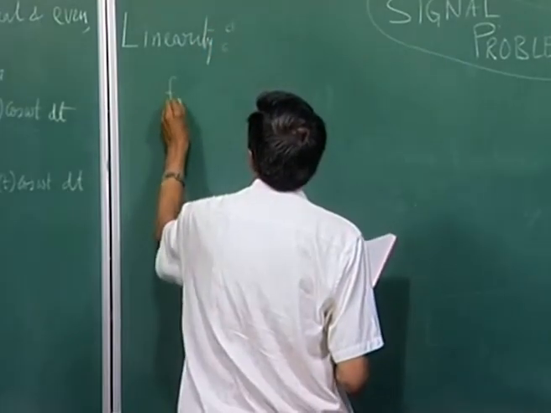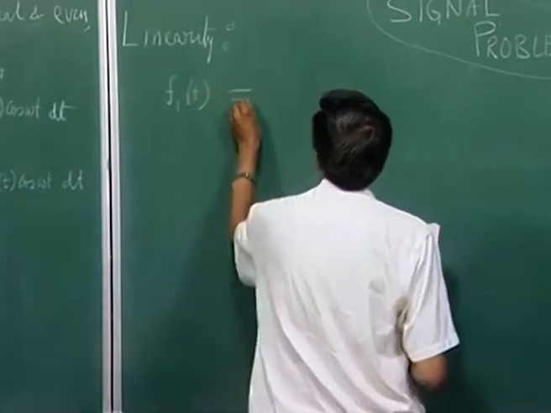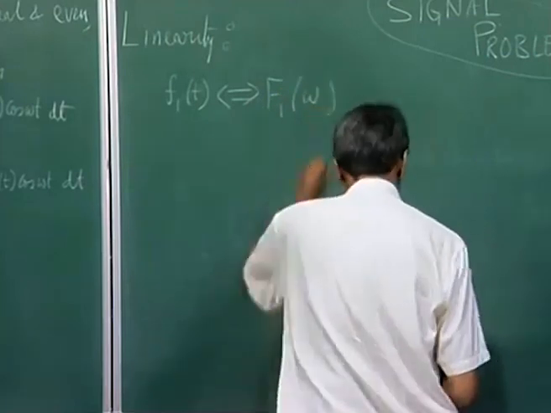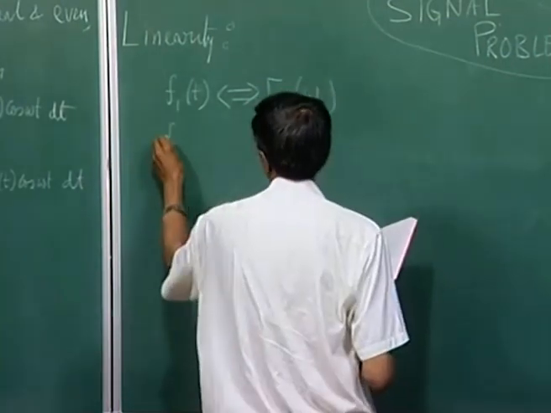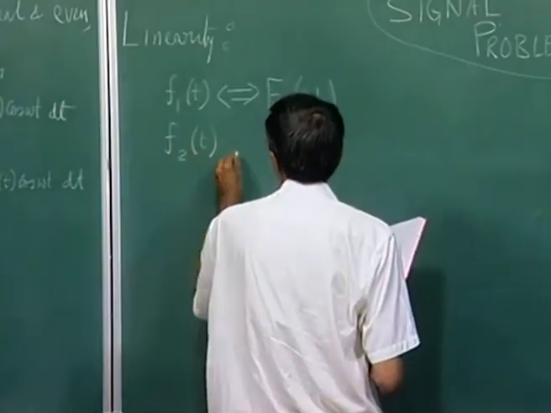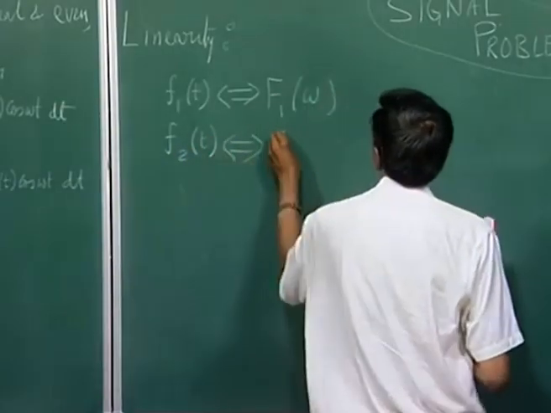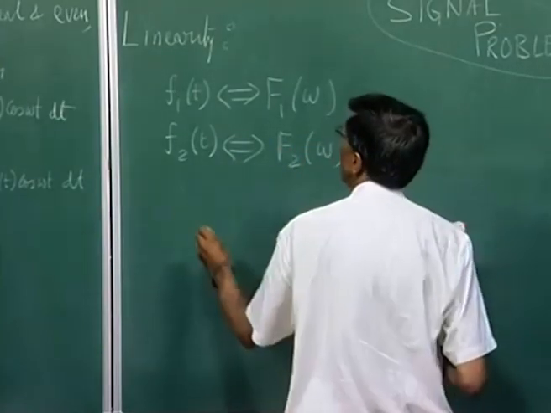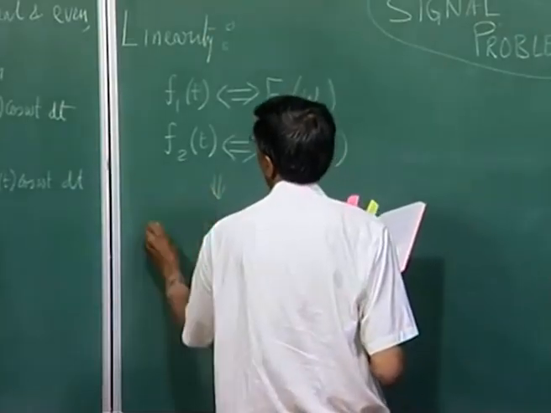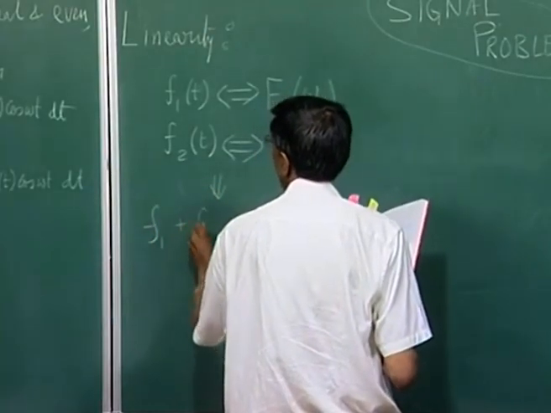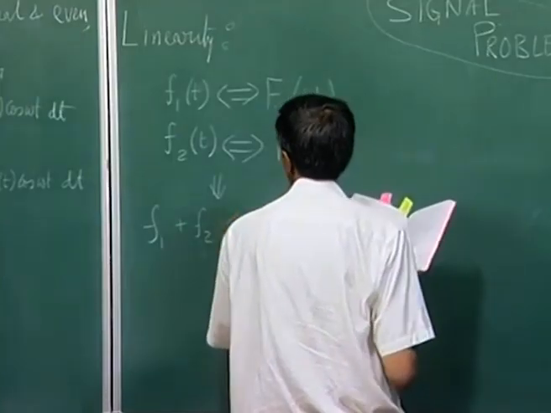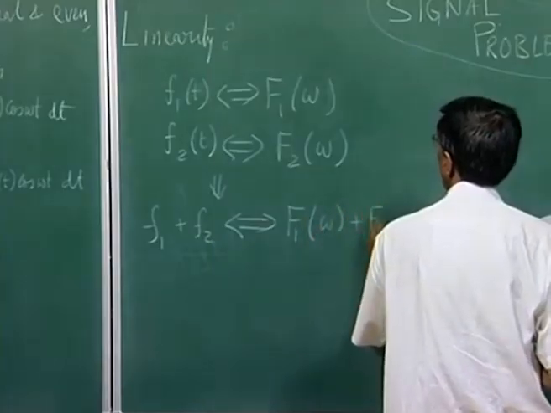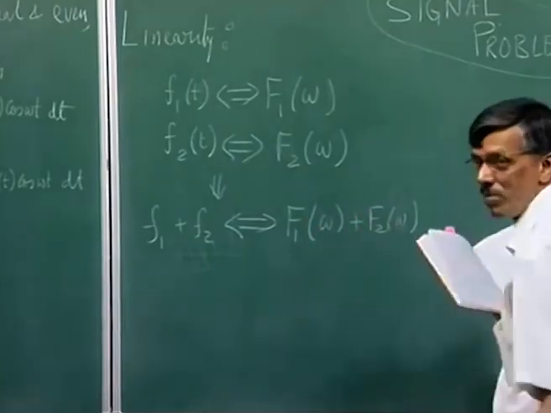That if I have a function f1 of t whose Fourier transform, let us call that capital F1 of omega, and similarly if I have another function f2 whose Fourier transform, let us say, is given by F2 of omega, then linearity simply says that F1 plus F2 is the Fourier transform of f1 plus f2. So, this is the linearity property.